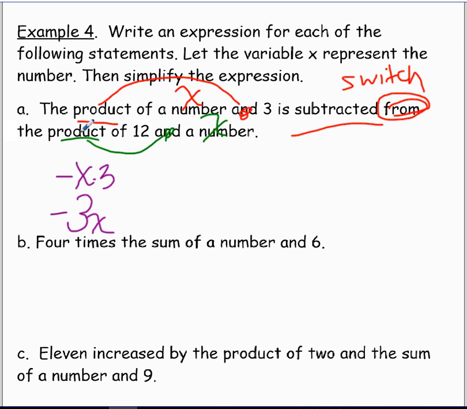And then we have the product of 12 and a number, so 12 times x, or 12x. So now let's simplify by subtracting, since they're like terms. 12 minus 3 is 9, so we have 9x.